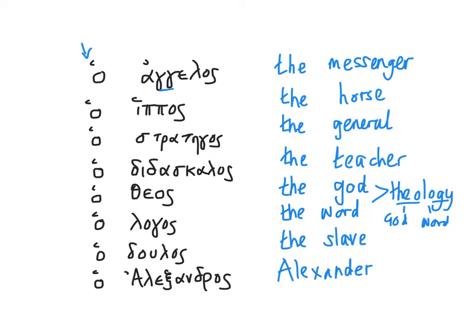Now, Greek tends to use the definite article before a name as well, which English never does. We wouldn't say the Alexander, not unless perhaps there were two or three of them. We say, oh, the Alexander who lives over there. We wanted to distinguish. But normally we don't put the with a name, but Greek does. And that's why I added that one to this list.